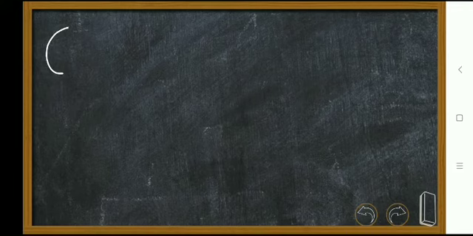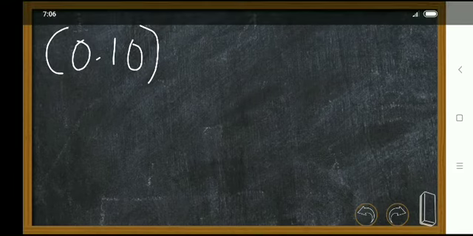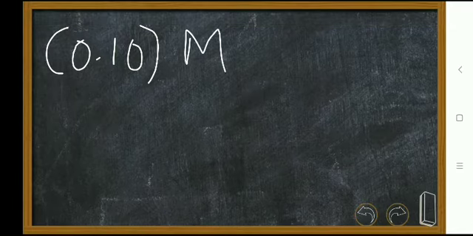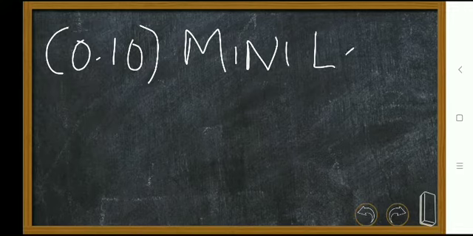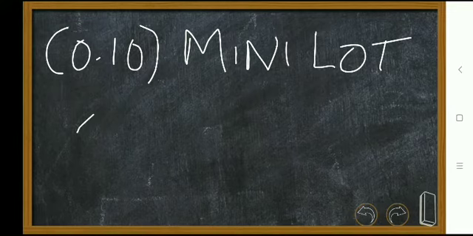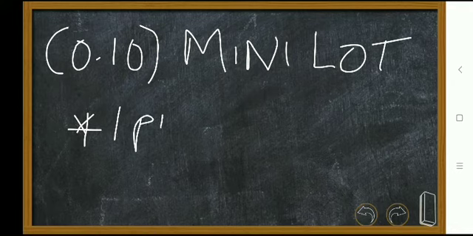So let me further go on to explain. You see the volume is 0.10, the volume for a mini lot. And one pip is equivalent to $1.